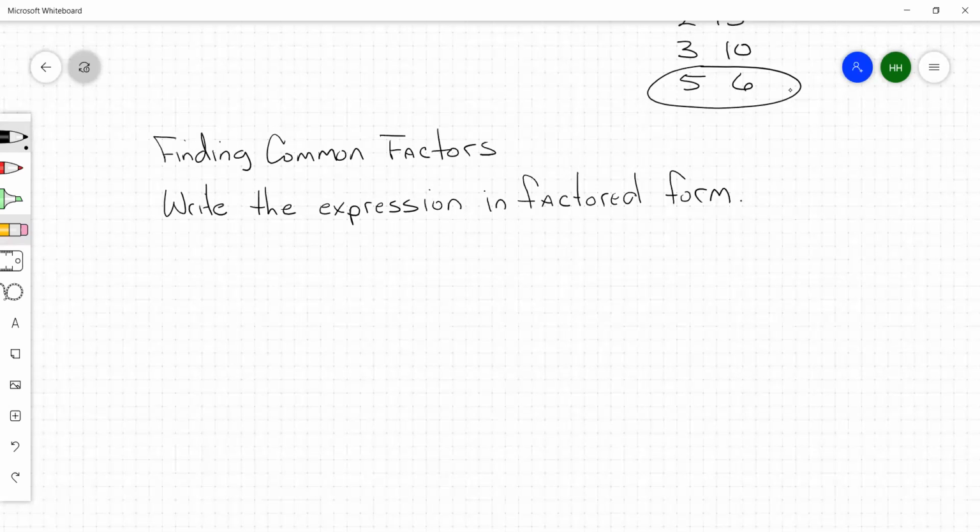The first expression is 6n squared plus 9n.